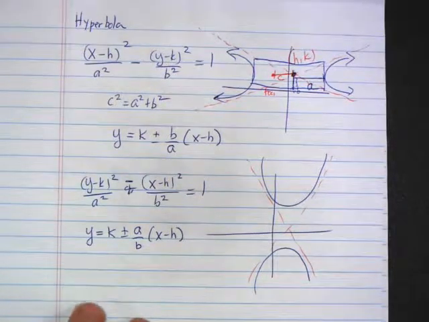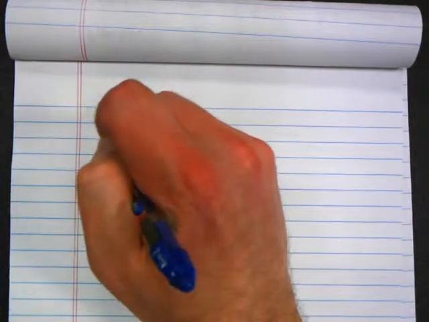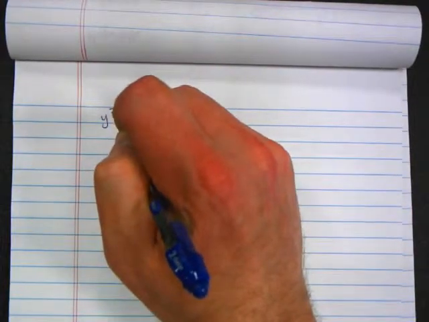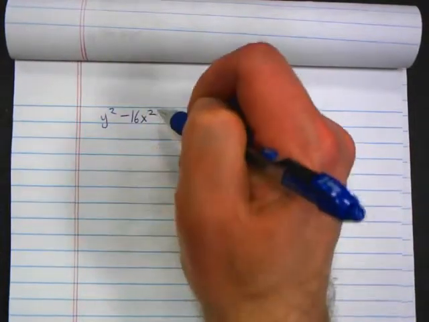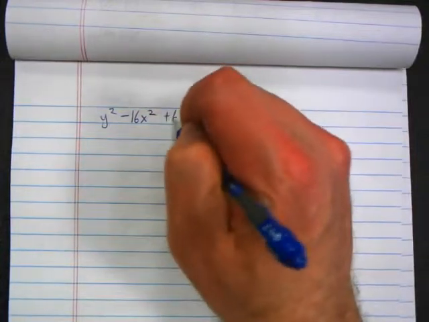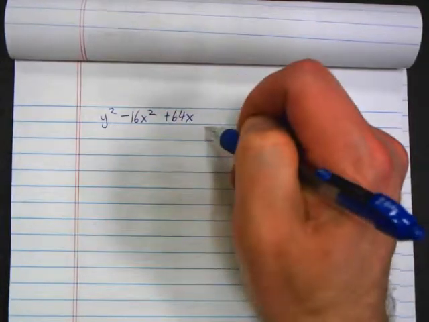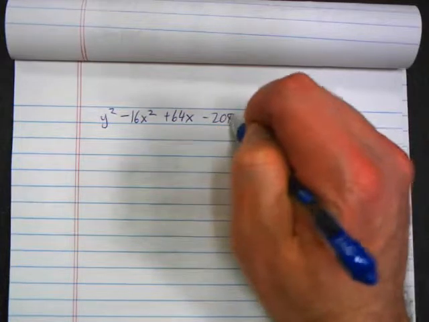All right, so the problems for hyperbolas are going to look a lot like they did for ellipses, except you're going to have a minus sign in there. So let's say you had y squared minus 16x squared plus 64x minus 208 equals 0.